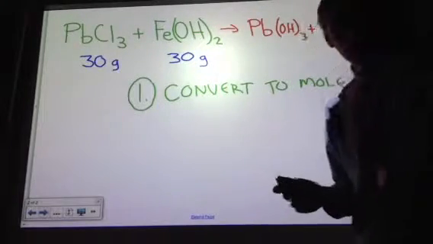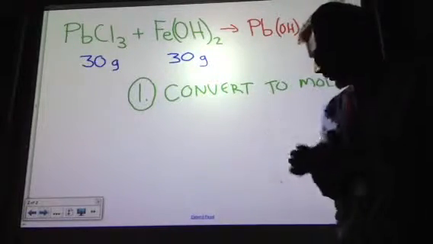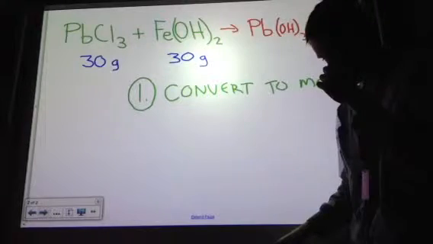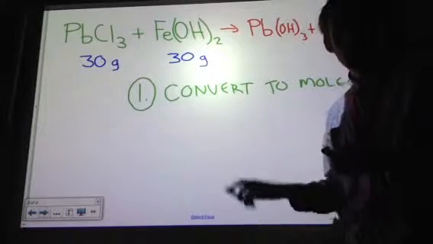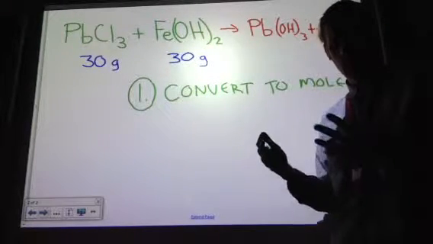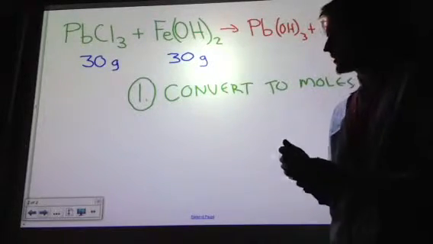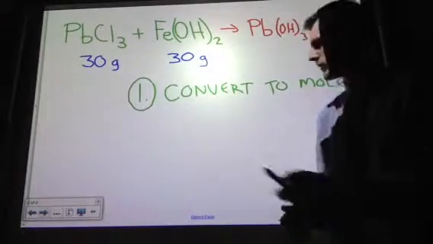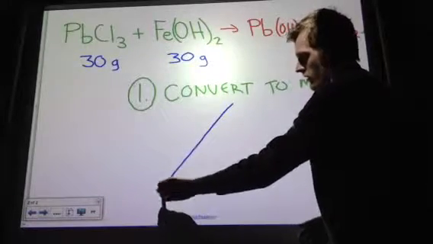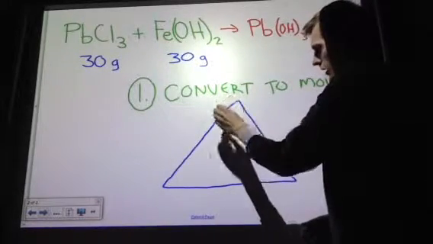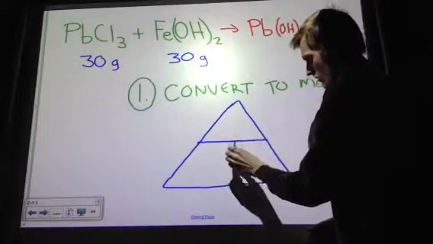Okay. Now, the way that I like to convert to moles is to use the bracket method. But I'm not going to do that here because it's not what a lot of people are familiar with. A lot of people are familiar with just plugging and chugging in numbers. So I want to do another way of doing this, and it's the triangle method. Okay?